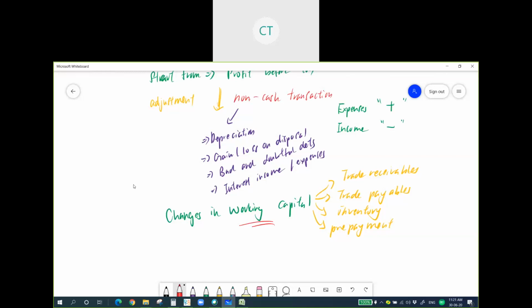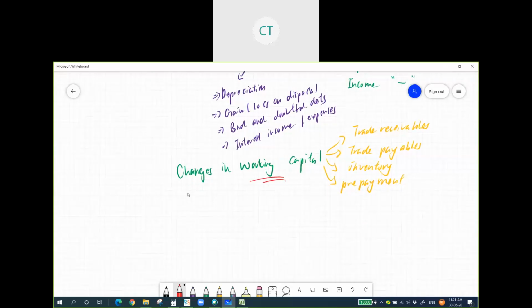So we have to identify whether each item is positive or negative in the cash flow statement. There is something to remember. For your asset, if the value increases, the impact in cash flow is negative.